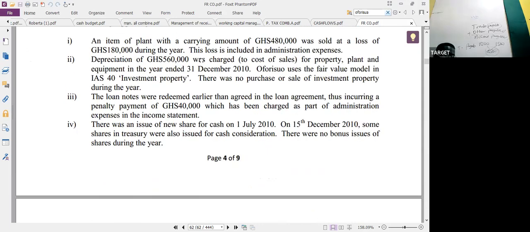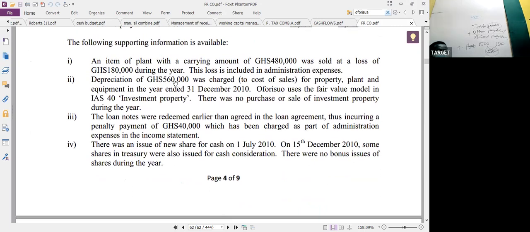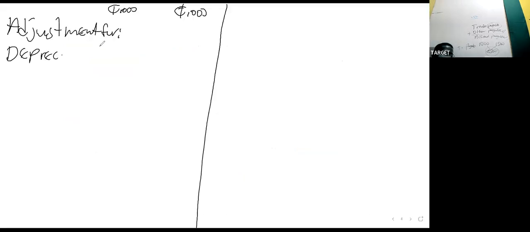Note number 2, 560,000, right? That's depreciation. So that's the only non-cash item that we have here. So you can record it here: 560,000.